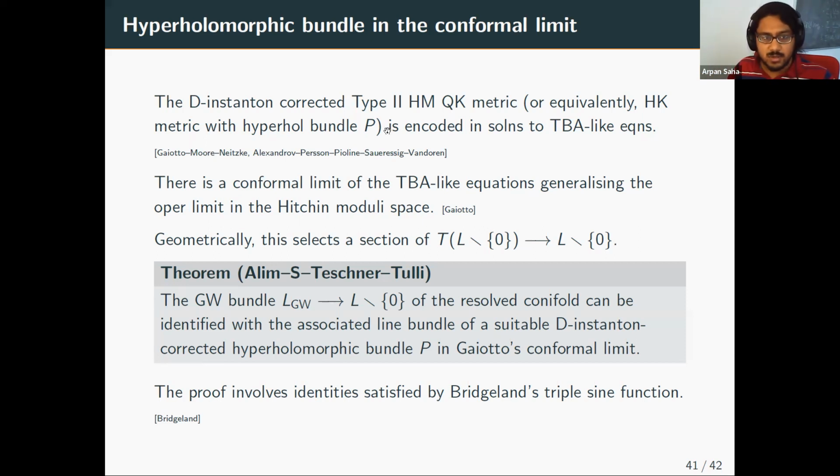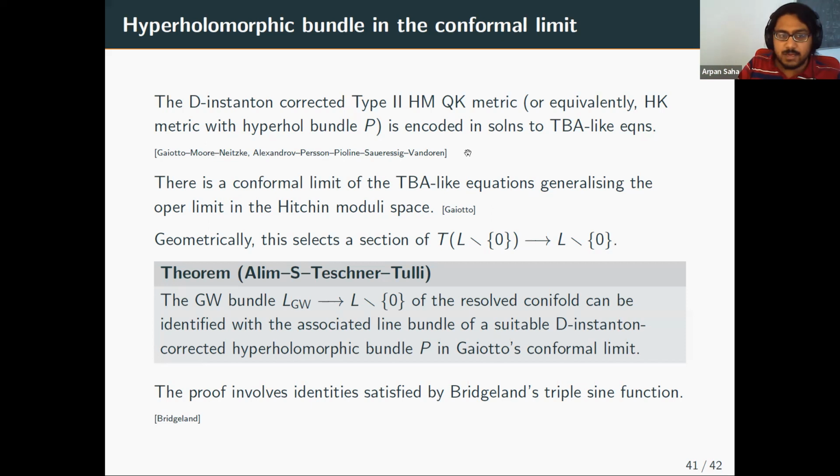And a recipe for constructing such D-instanton corrected metrics was given by Gaiotto, Moore, and Neitzke. Basically, they showed that this is encoded in solutions to a very complicated system of integral equations, which look like the thermodynamic Bethe Ansatz. And the hyperholomorphic circle bundle that I just mentioned was incorporated into the picture by Alexandrov, Persson, Pioline, Saueressig, and Van Doren.